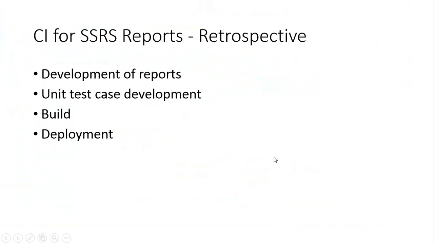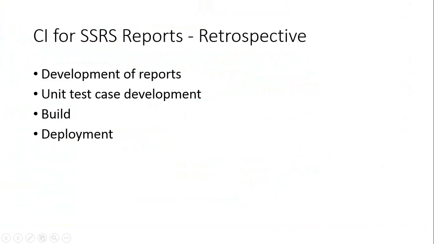Okay, now what we have done so far, we developed a report and we have checked into source control. The source control, based on the monitoring, the CI build server has built all the artifacts, and using the PowerShell script we were able to successfully deploy the relevant artifacts into a given test environment.